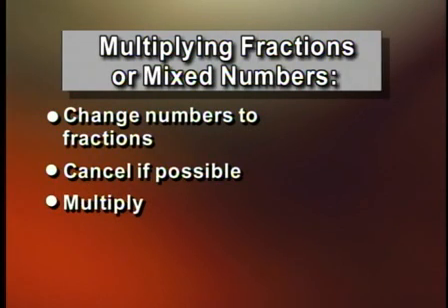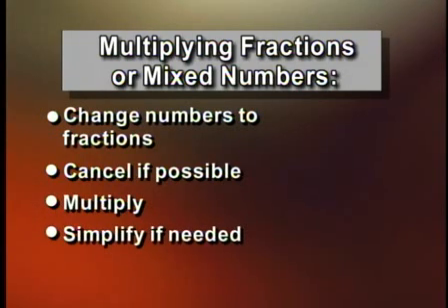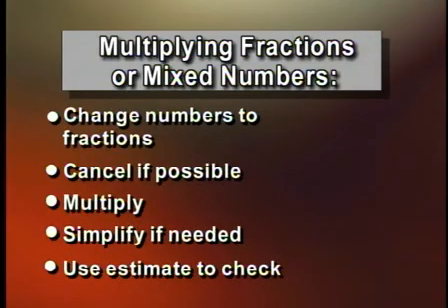Once we had an answer, if it was an improper fraction, we simplified, changing it into either a whole number or a mixed number. And then we went back and used our estimation skills to ensure that our answer was where it should be. There was not an obviously incorrect answer. And then knowing we did our work correctly would make us believe our answer was correct.